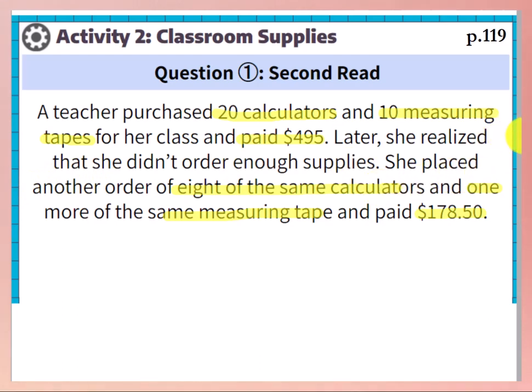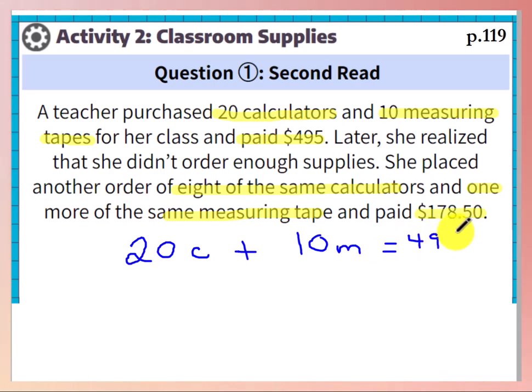All right, let me try to write it because it's on the next slide. So 20 calculators and means plus 10 measuring tapes for a total of $495.